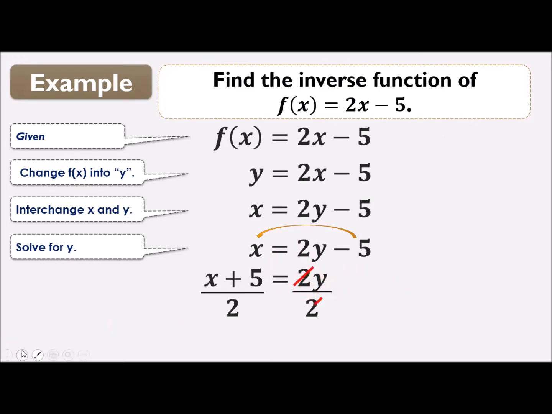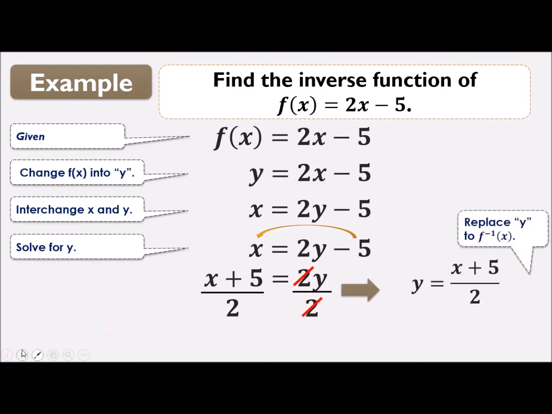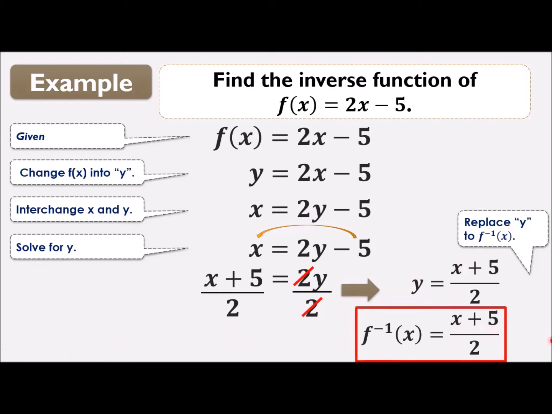And then cancel 2. So, ang matitira na lang is yung y is equal to x plus 5 over 2. And then the last step, we're just going to replace this y by the symbol of the inverse function, which is f raised to -1 of x. And that's it. x plus 5 over 2 is the inverse of 2x minus 5.